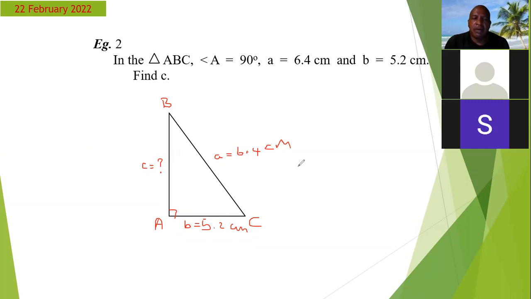So from there, all you need to do next is to write the formula in the correct order. Ms. Waysom, do you want to give me the formula? B squared equals A squared plus C squared, sir. All right. Think about it again.